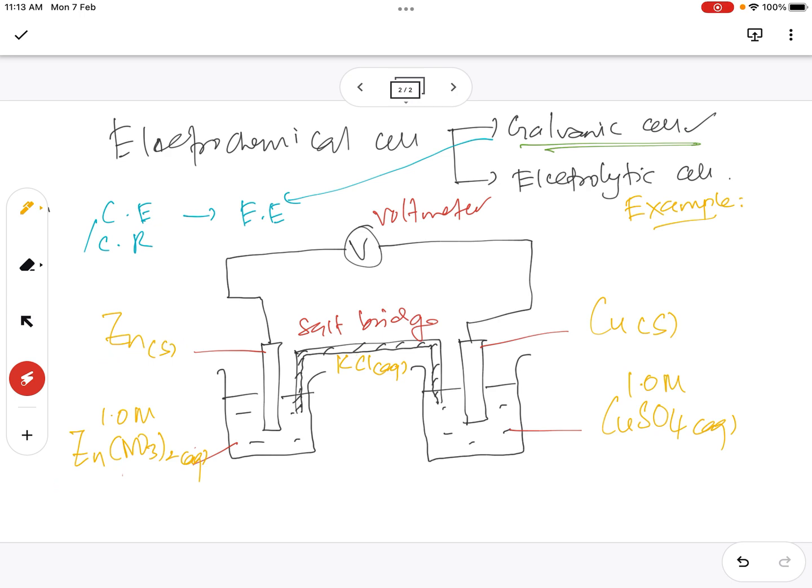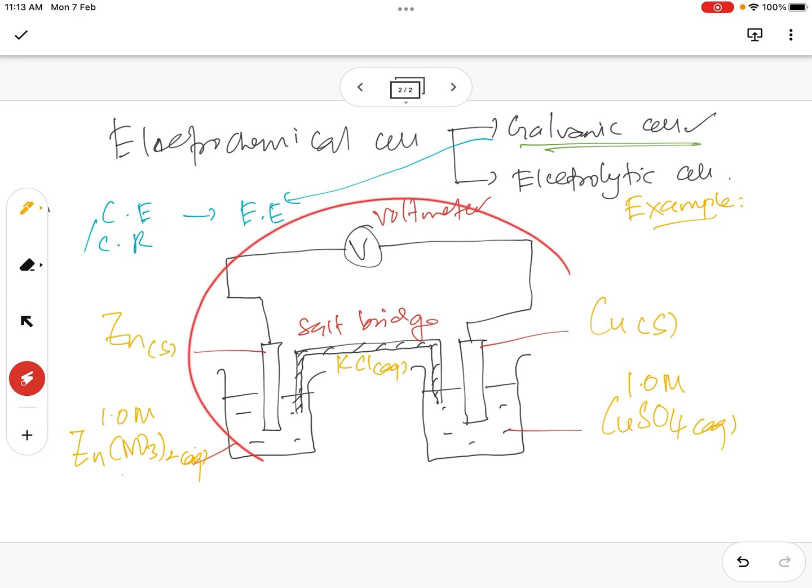Same goes to on my right hand side. We have copper electrode. Okay, electrode dia copper. And then immersed into the copper(II) sulfate aqueous. And you can see also this electrode and its ion. Okay, mesti ingat whatever electrode you choose, its ion must be there in the solution.